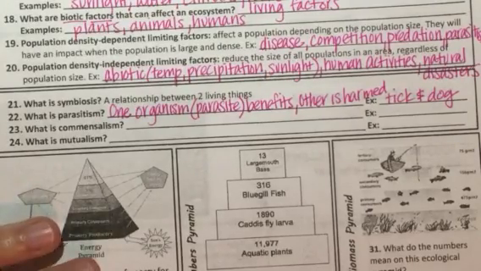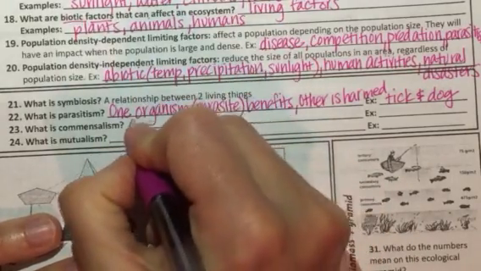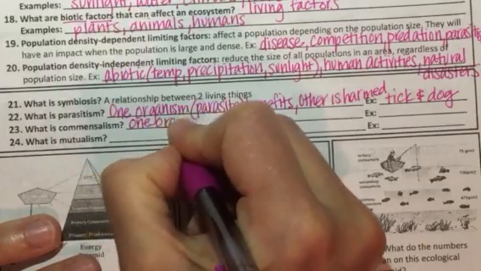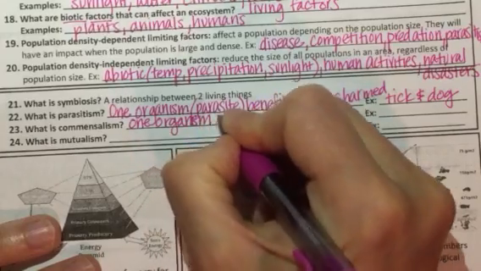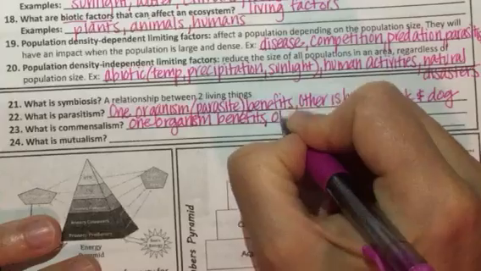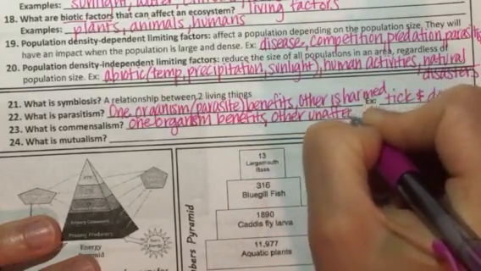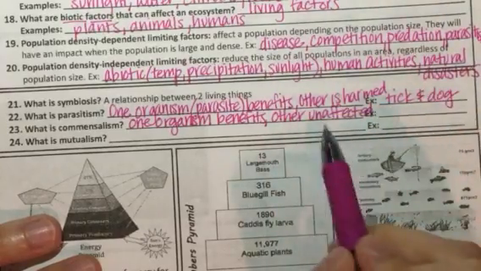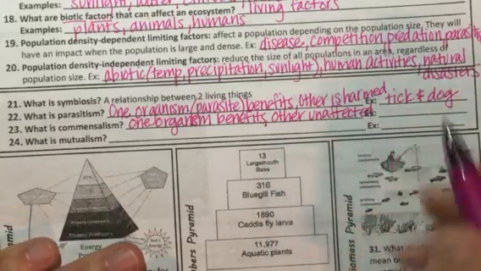All right, commensalism. This is where one organism benefits, the other one is not affected. When we say unaffected, we mean it's neither helped nor harmed.